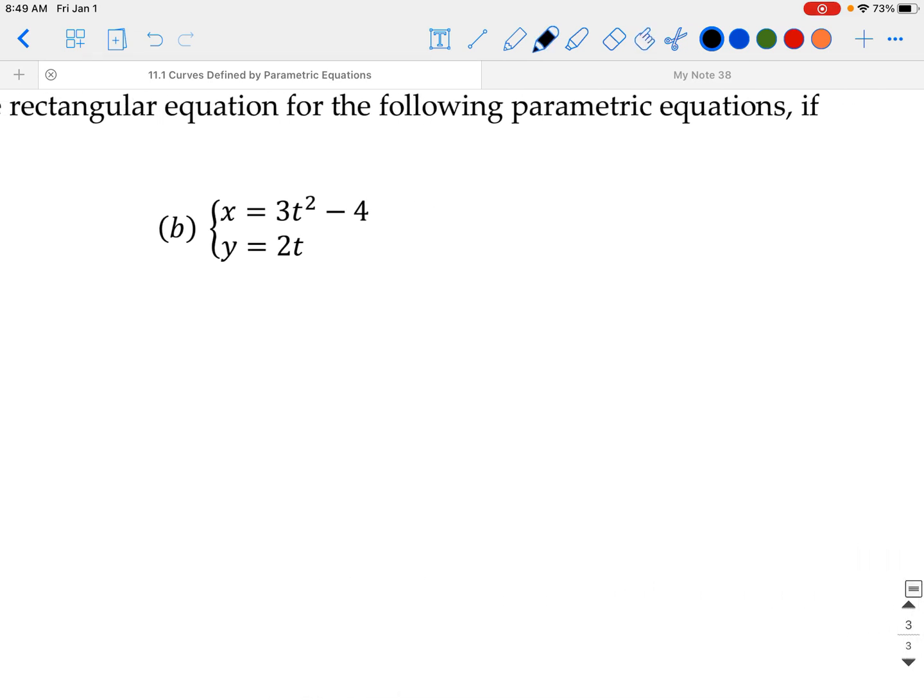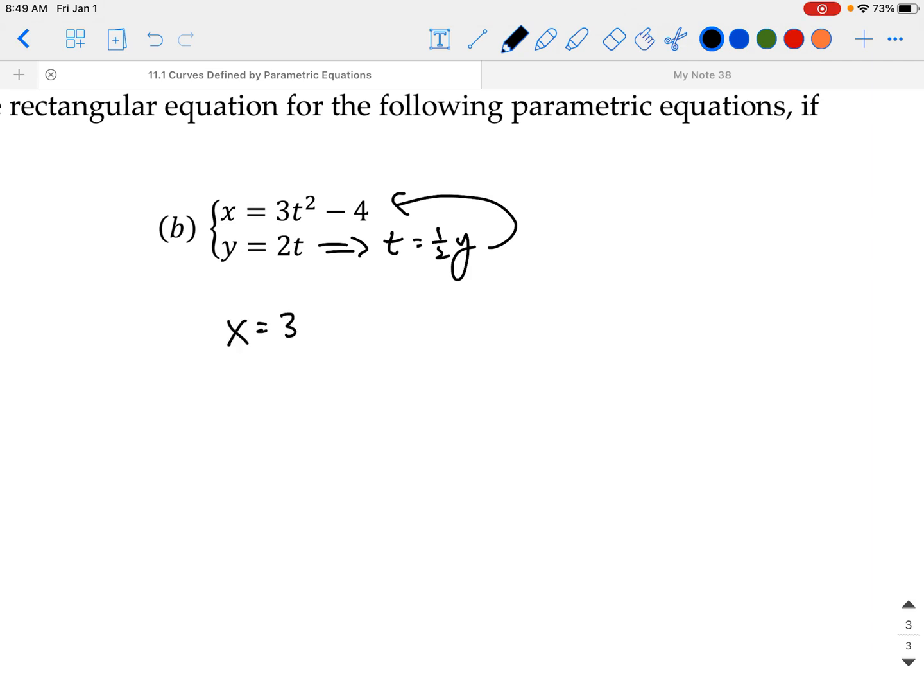All right, for B, we could, again, solve for t, but what we can notice here actually is that y is just 2t. So it might be easier in this case just to solve for t in terms of y and sub in the opposite direction.